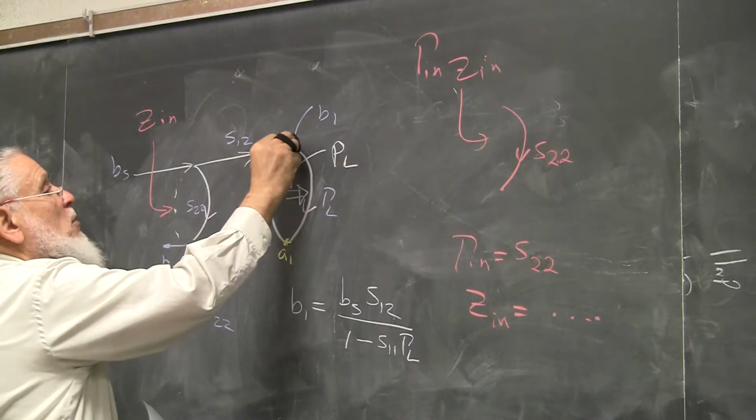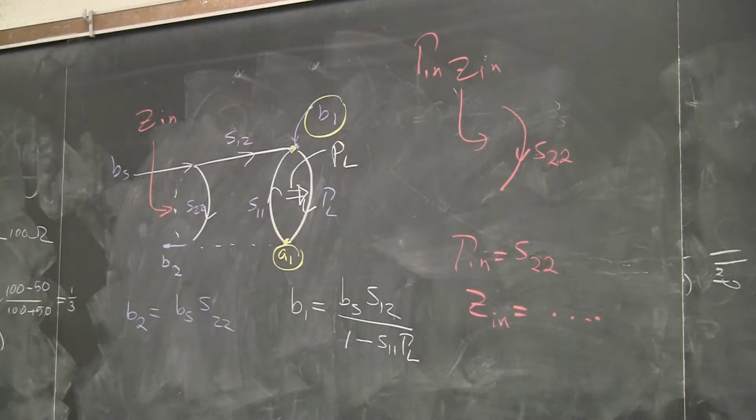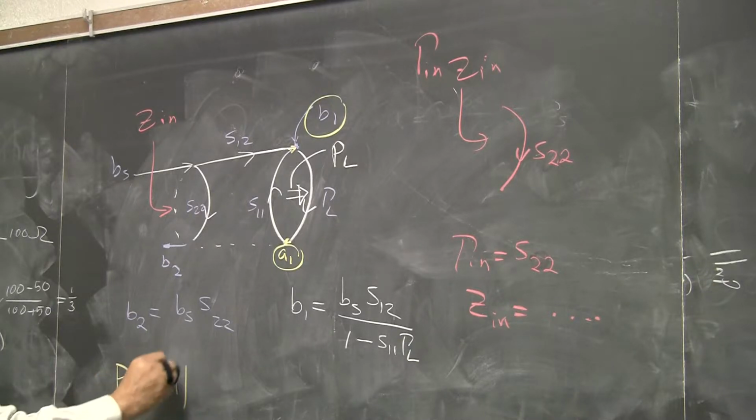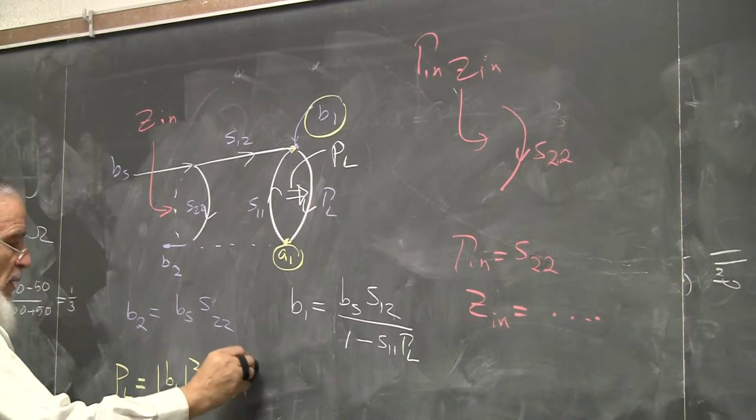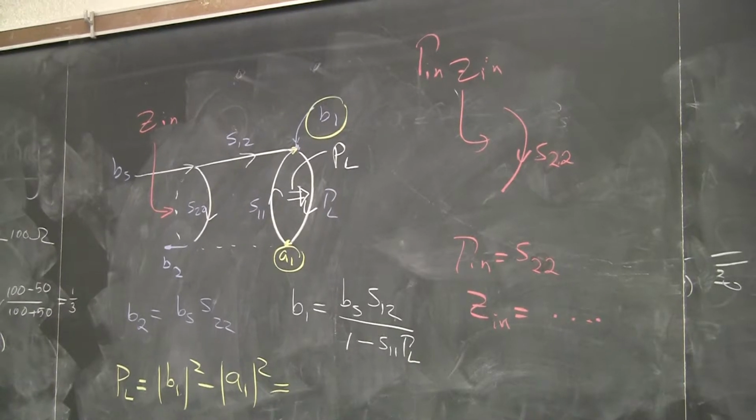This is going to the load, and this is coming back. So the P load is equal to B1 magnitude squared minus A1 magnitude squared. Whatever went in minus whatever got reflected.